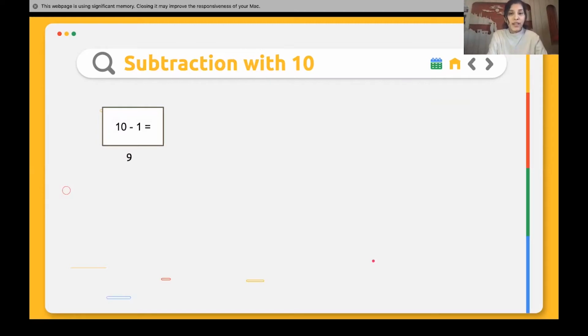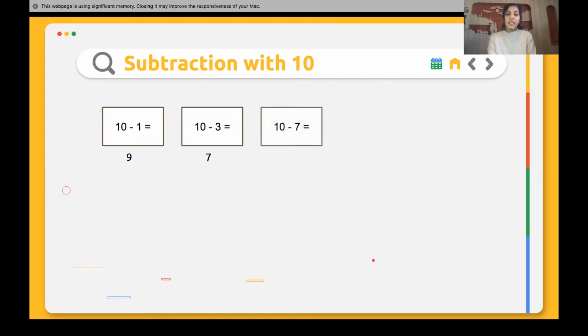And unpause it when you're ready. 10 minus 3 equals 7. 10 minus 7 equals 3. 10 minus 2 equals 8.